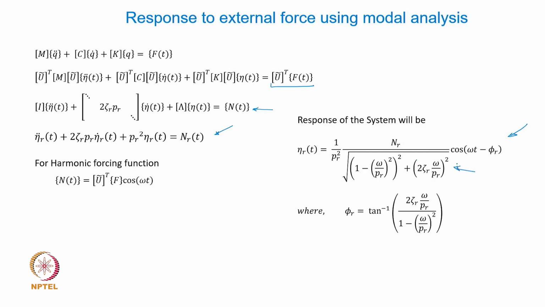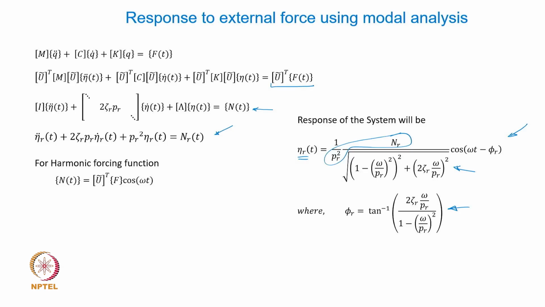Again, you can see this looks quite familiar now that you have learned the single degree of freedom system. Of course, the numerator will get changed to this expression, which you can show is true considering that this is in the principal coordinate eta r. The phase phi in the rth mode is again similar, you must have seen 2 zeta r r upon 1 minus r square.